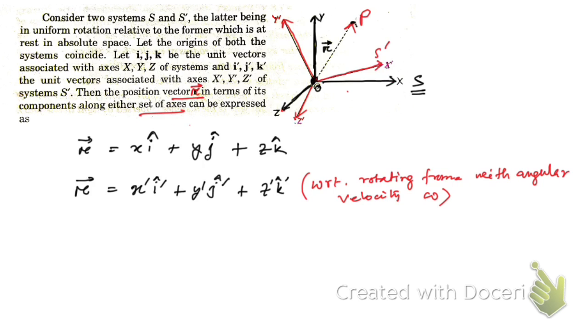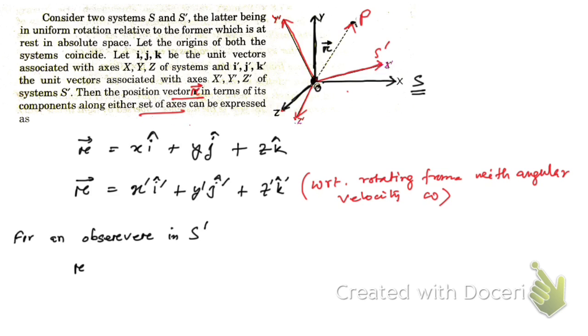So what will be the time derivative of r for an observer in S dash?